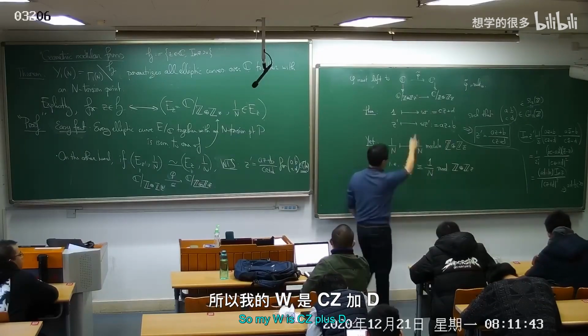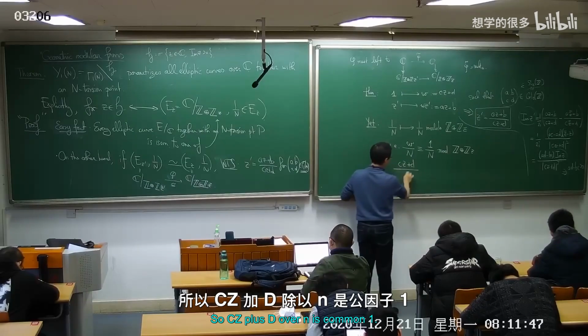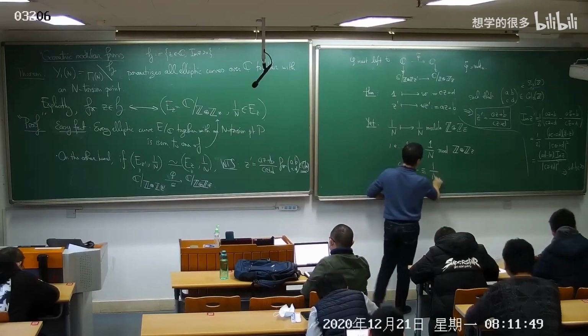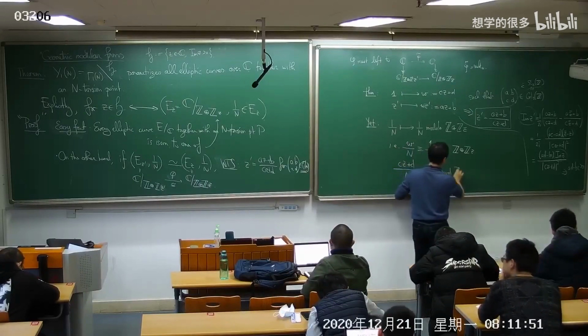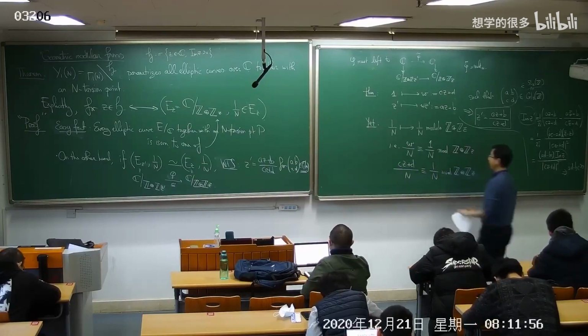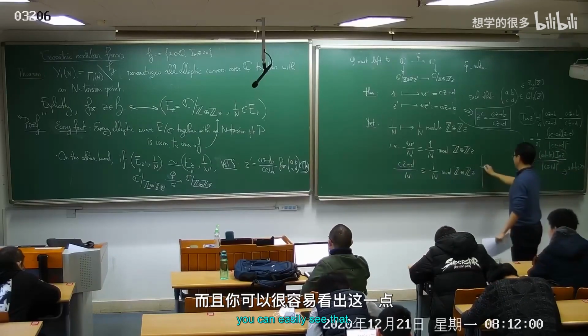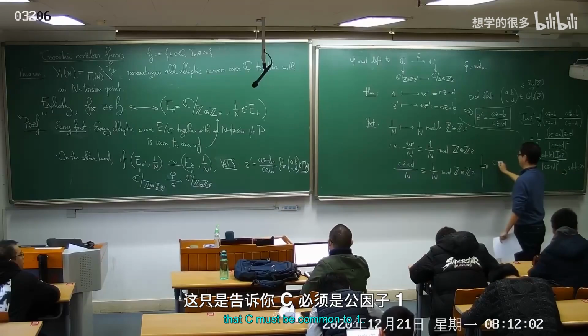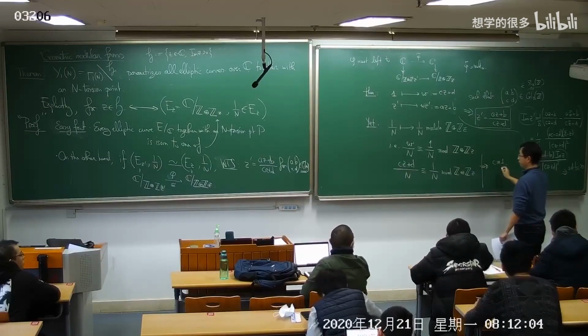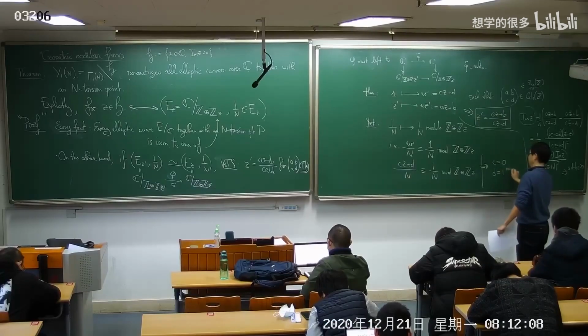But my W is CZ plus D, so (CZ plus D) over n is congruent to 1 over n. And you can easily see that. This just tells you that C must be congruent to 0, and D must be congruent to 1 modulo n.